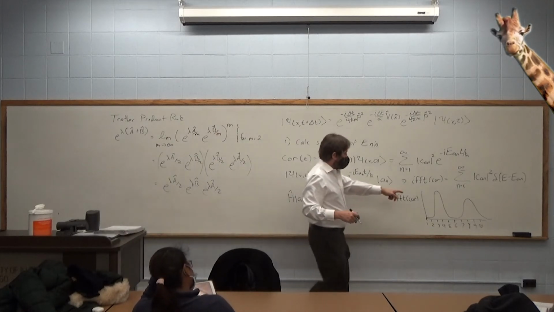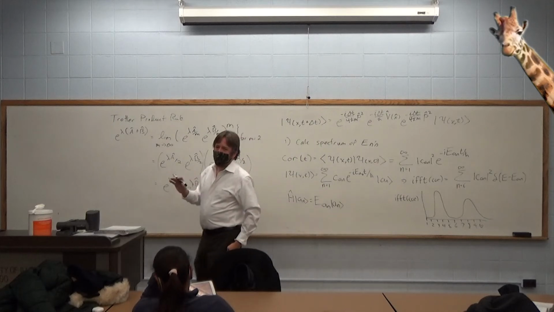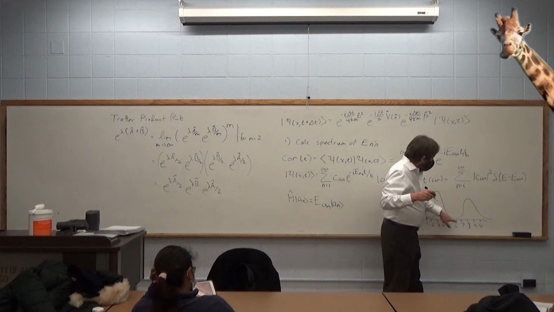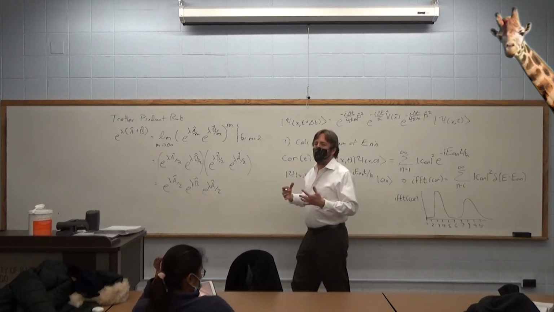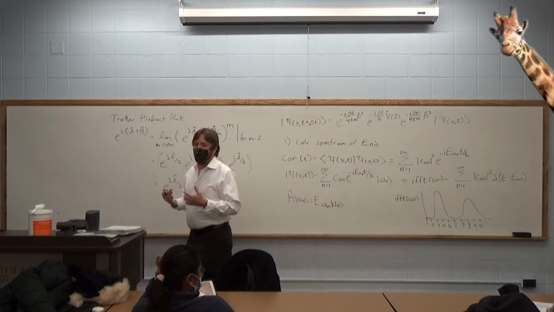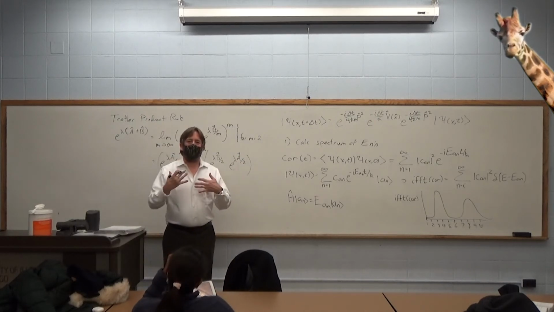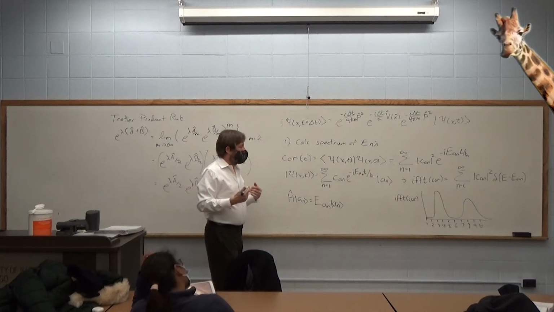I made these curves a little smoother than the x-axis implies, okay? So sorry about that. But anyway, this is what you get. You get peaks that correspond to energies. Those are the energies of the states of the Hamiltonian. Remember, if you want to see energies, you're getting the eigenvalues of the Hamiltonian operator.